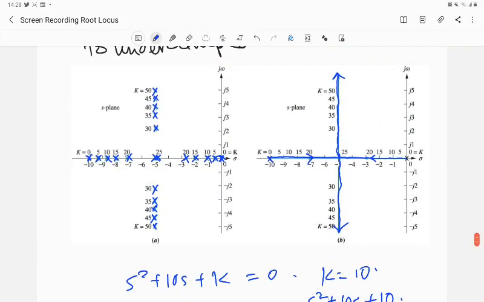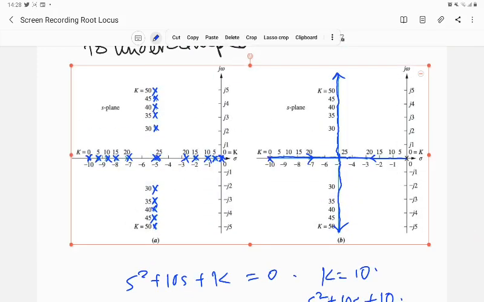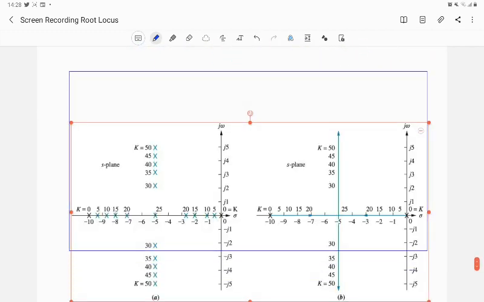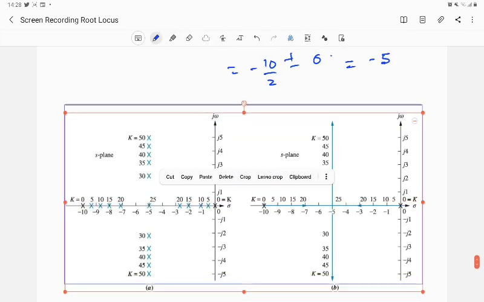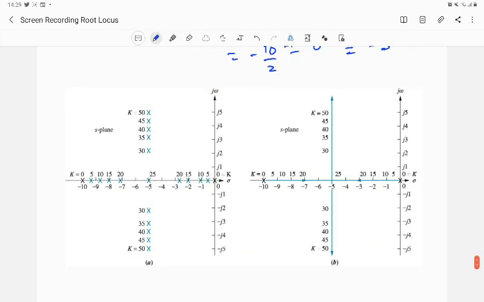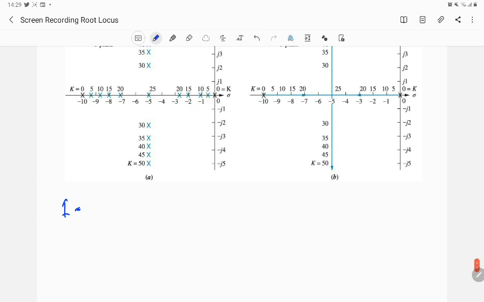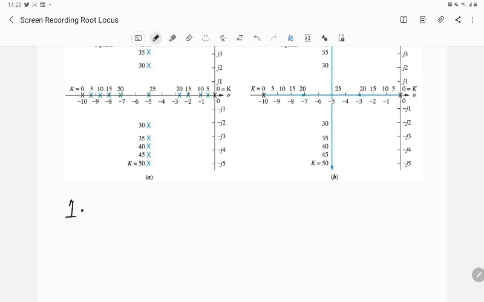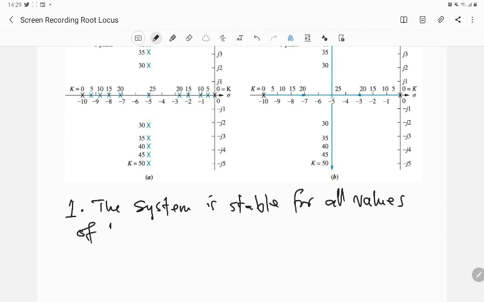So what can we say about this, looking at the plot? We can make a lot of deductions. For example, we can say that the system is stable for all values of k.